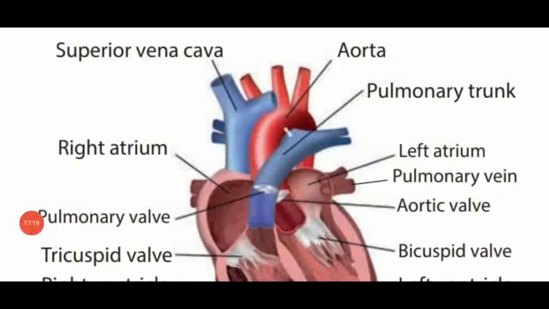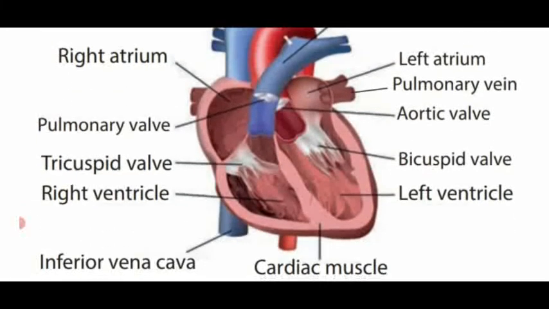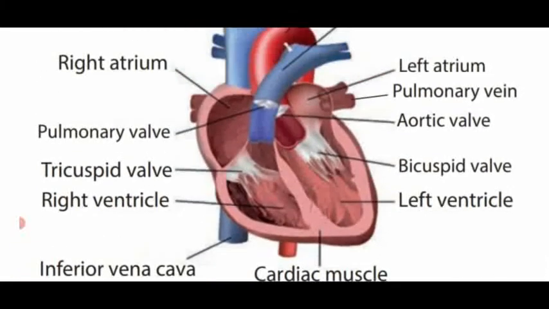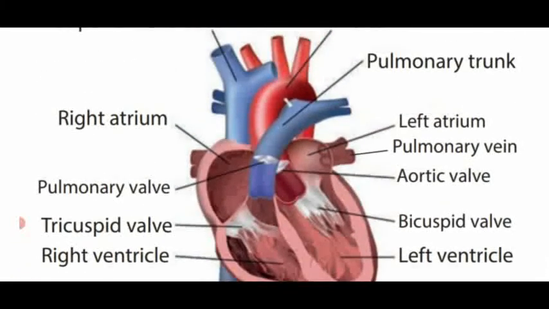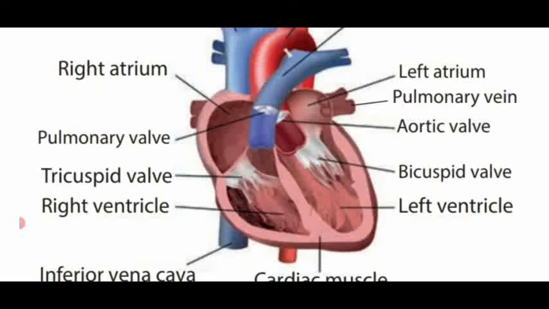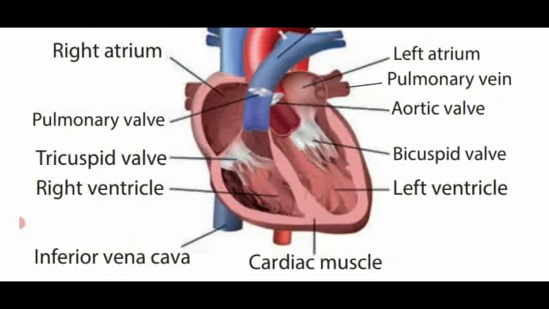Dear students, before going to see the pulmonary circulation, see the diagram which is showing the different valves present in the heart region. See the left side of your hand, there is a 3 flap valve located between the right atrium and right ventricle.